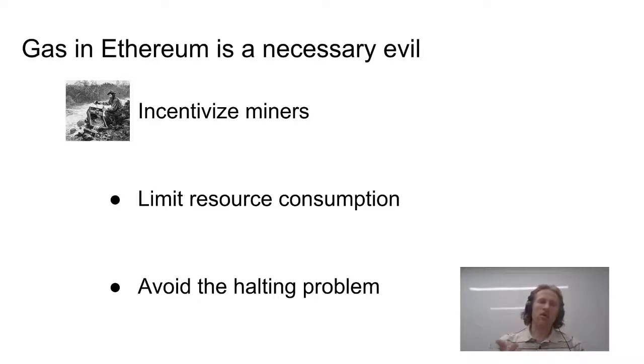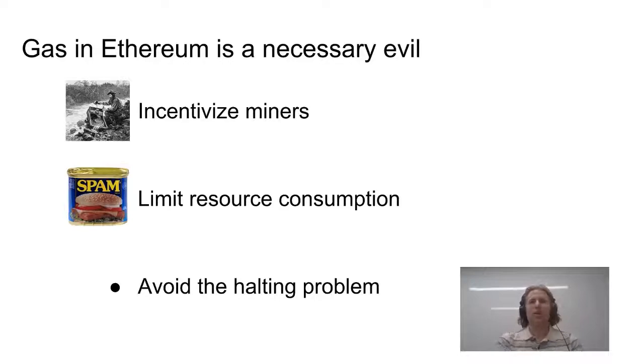So we'd like a way to incentivize miners. Ethereum also pays miners using inflation, but gas is also an important mechanism. Second, we want to limit the resource consumption of all the users of the network. If computation were free, and if creating contracts and writing things to storage were free, then you might expect the network could get bogged down with spam transactions and spam contracts.